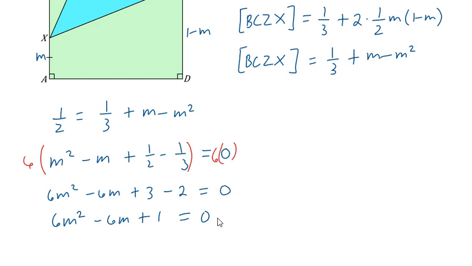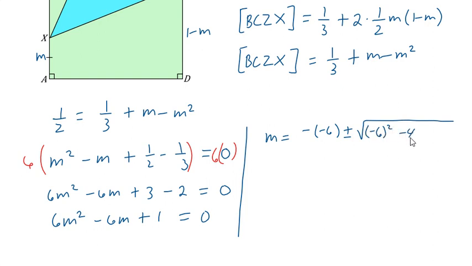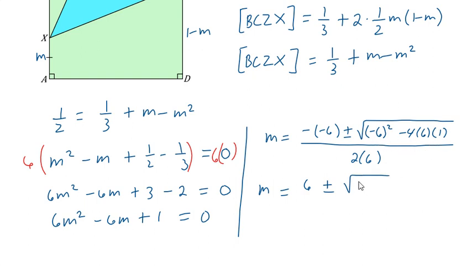I'll just use the quadratic formula to solve for m. So we have m equals the negative of negative 6 plus minus the square root of negative 6 squared minus 4 times 6 times 1, divided by 2 times 6. Simplifying, we obtain positive 6 plus minus the square root of, this is 36, and then this is 24, so 36 minus 24, that's 12, divided by 12.